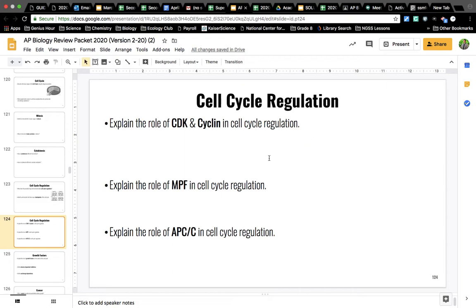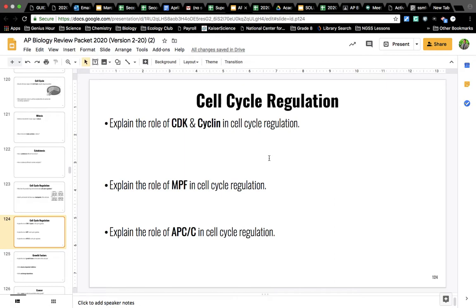Okay, so what are these regulatory molecules that regulate the cell cycle, that provide these different signals? Well, what is one of the major cell communication molecules that we know of? I hope that your mind goes back to a kinase and phosphorylation events, because that's what happens.